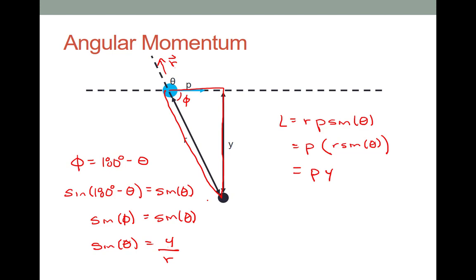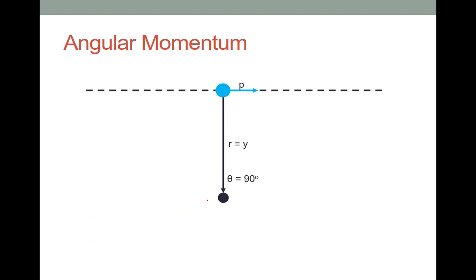If we keep moving forward, the angle again changes. Again, here the angle is 90 degrees. The radial vector is upward. There's my 90-degree angle. Here r just equals y. So L again just equals p times y, or you can think about it as r p times the sine of 90. Sine of 90 is 1.